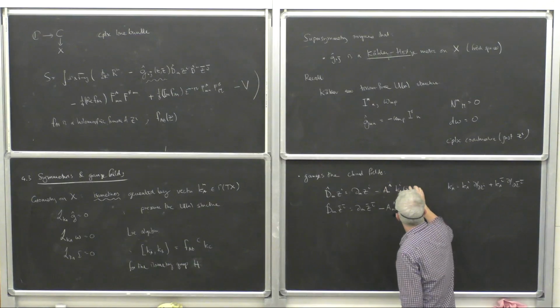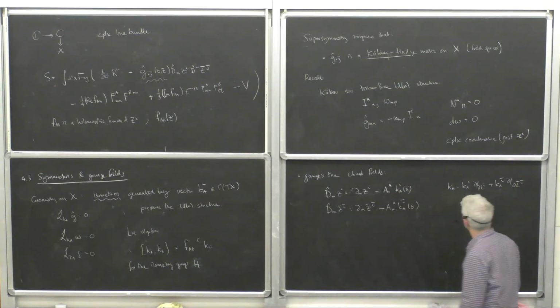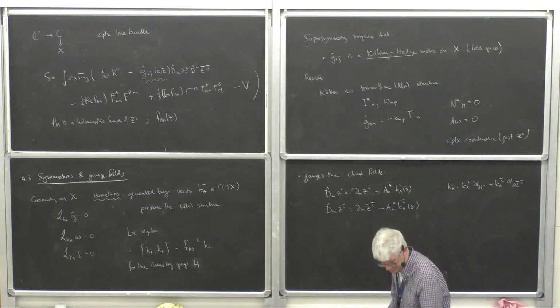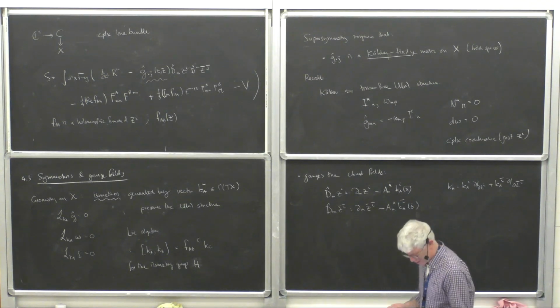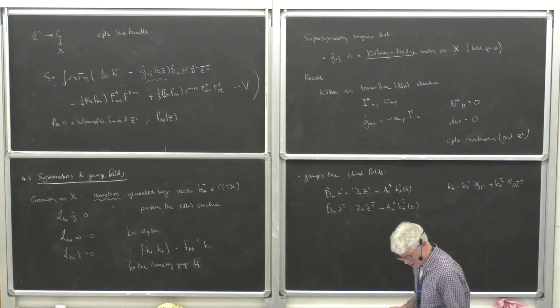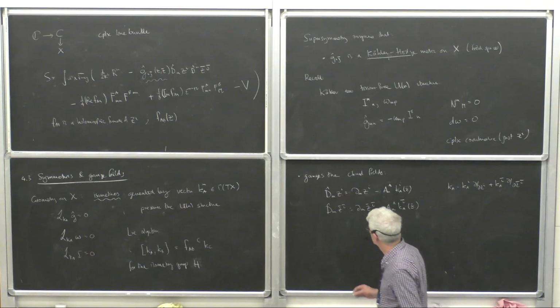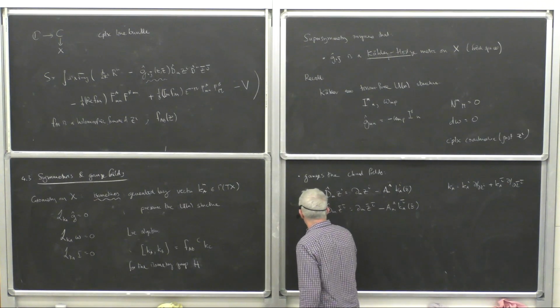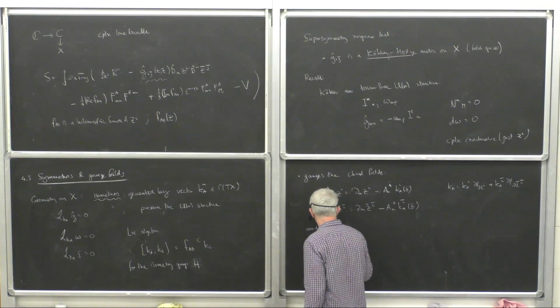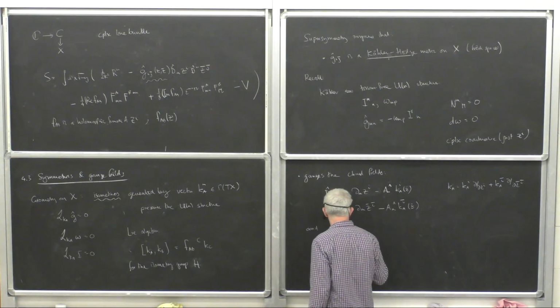This actually becomes a function just of z, and that just becomes a function just of z bar, but it doesn't matter. And then my field strengths become the usual thing that you would expect.